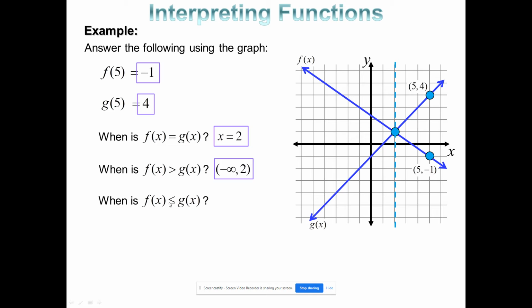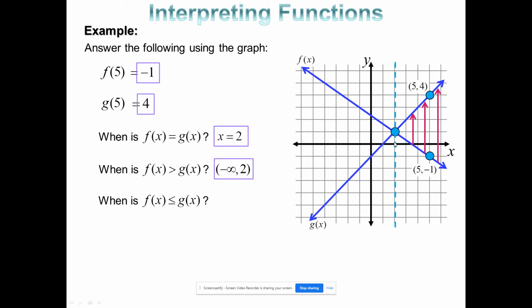So here it's when is f of x greater than or equal to g of x? So again, we want f of x less than or equal to g of x. We want f to be underneath g. And from this x value on, my f line is going to be below the g line.